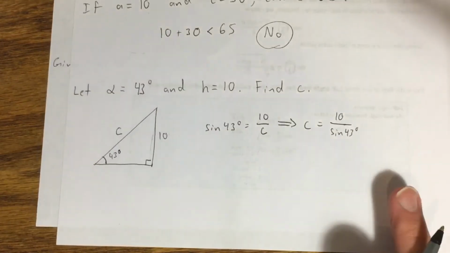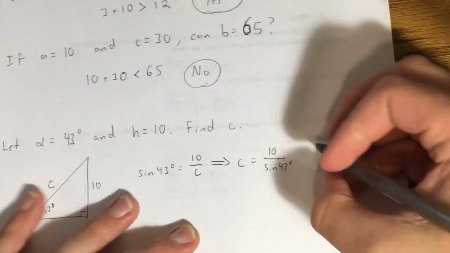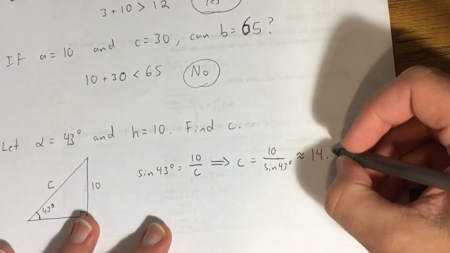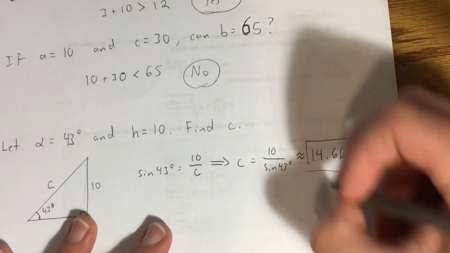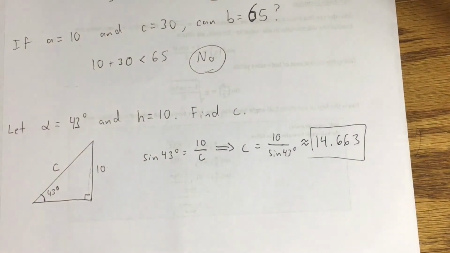Okay? I realized I didn't work this one out ahead of time. Hold on, let me get my solution. 10 divided by sine of 43 degrees. This comes out to approximately 14.663.